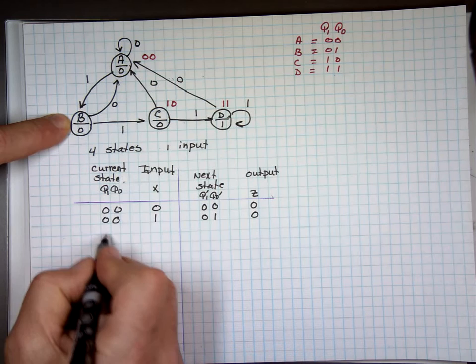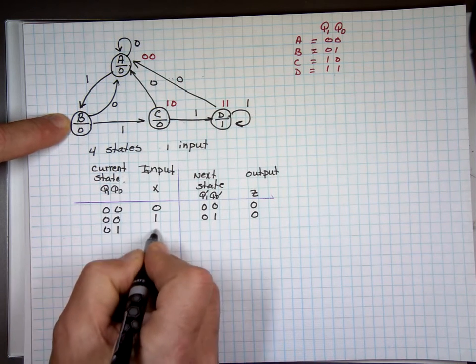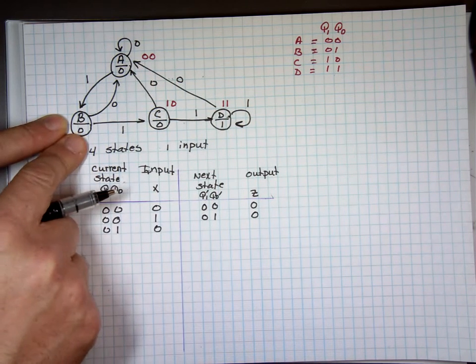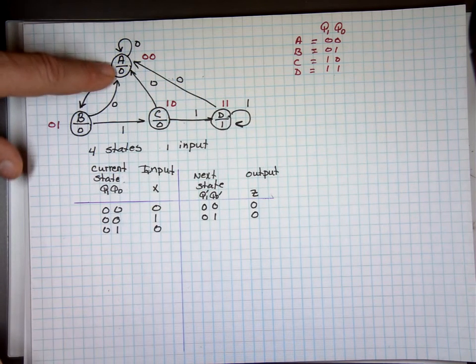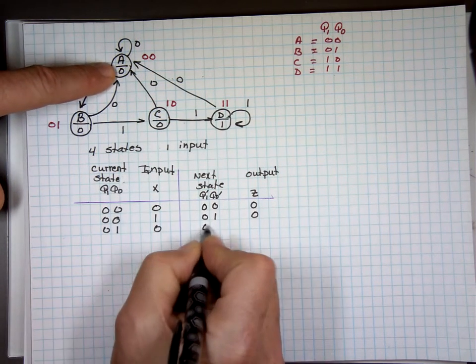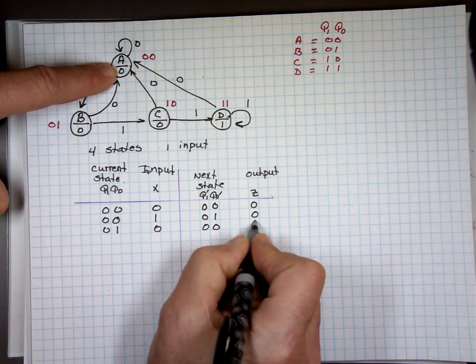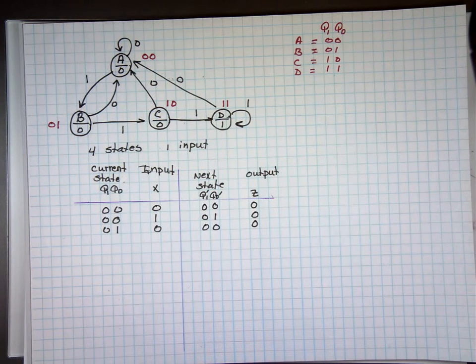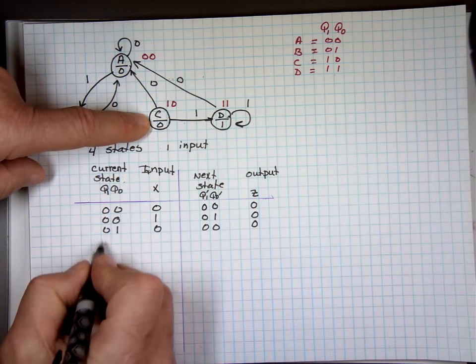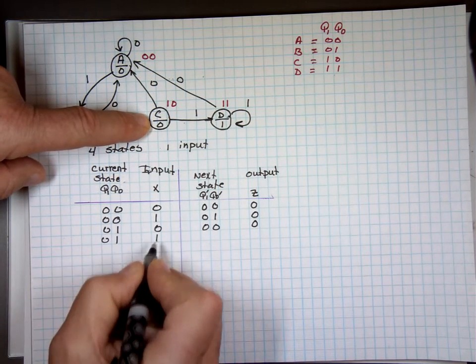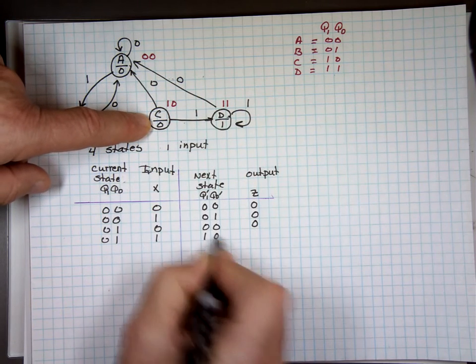If I'm at state 0, 1, I put in a 0, that's this one. You put a 0, what happens? You go back to where? A. 0, 0, and your output is 0. But if you put a 1, where do you go? C. And C is what? 1, 0, and your output's still 0.